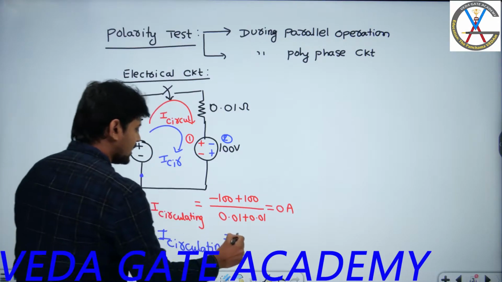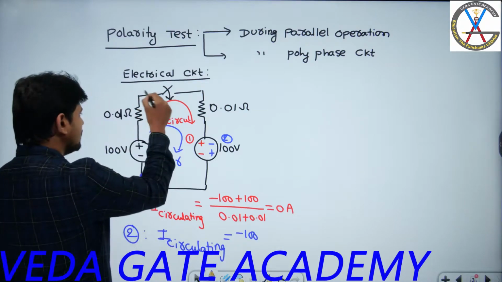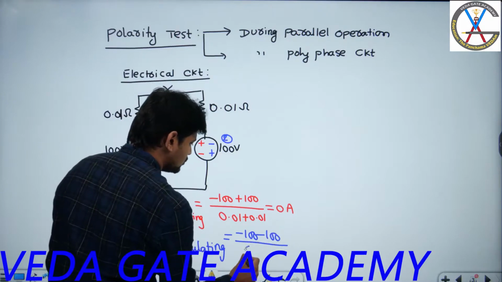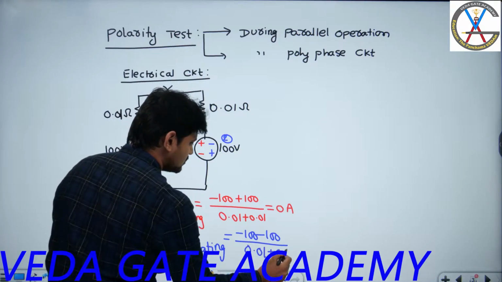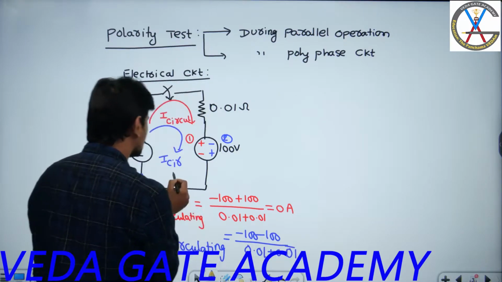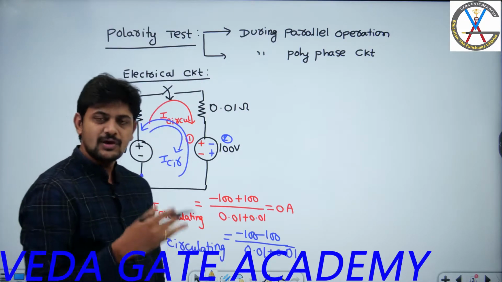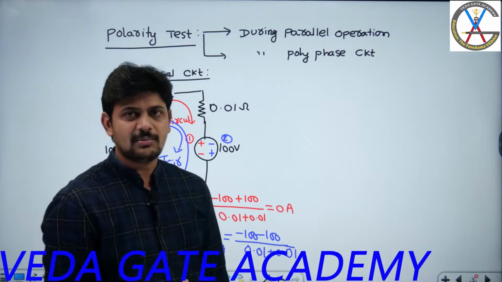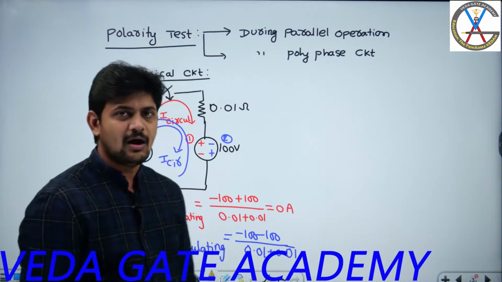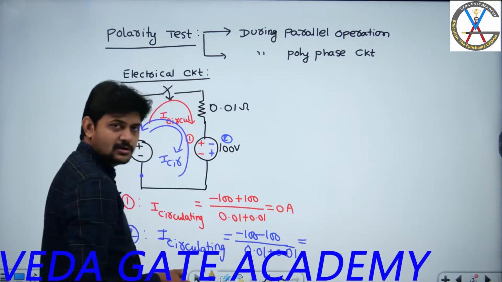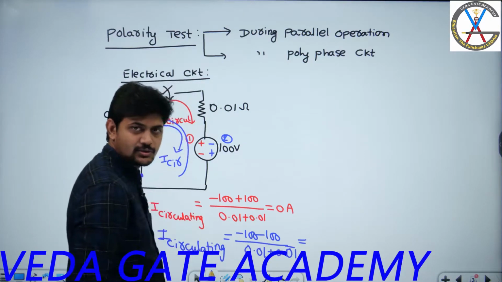You are going to get minus 100, and again minus 100, divided by 0.01 plus 0.01. Here the minus means you need to assume the direction of circulating current in this fashion. That's it. If we get a negative current value, we need to assume the opposite direction to the assumed direction, right? So you are going to get 200 divided by 0.02, right?